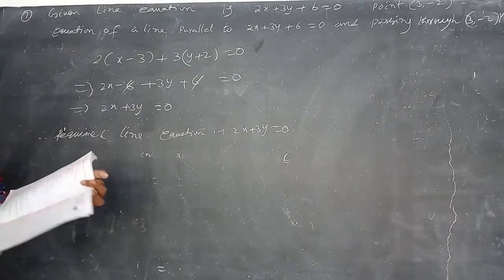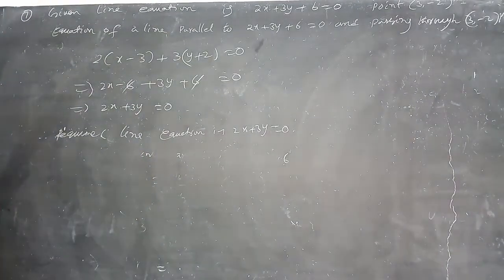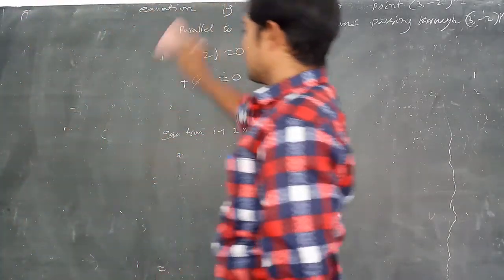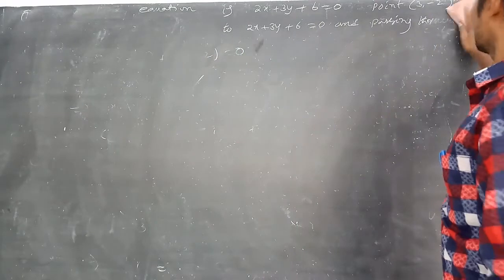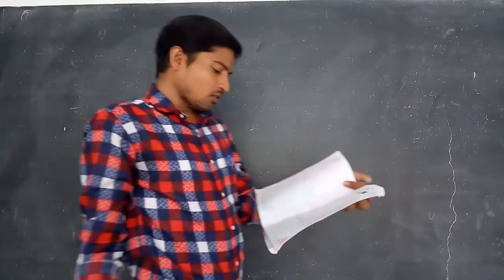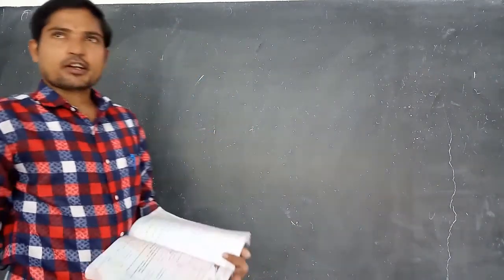Next, eighth one. x by a plus y by b equal to 1 is known as intercept form of a line equation.